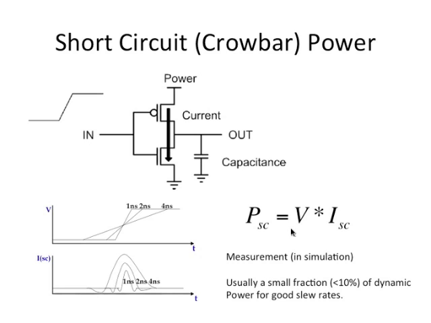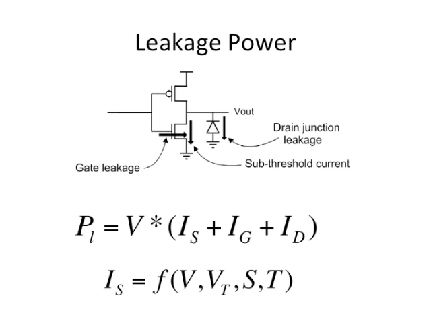But remember that this short circuit current is associated with dynamic power, because it happens only when the gate is switching. So the total dynamic power is the power to charge and discharge the capacitance plus the short circuit power. So that was the power dissipation due to dynamic activity.